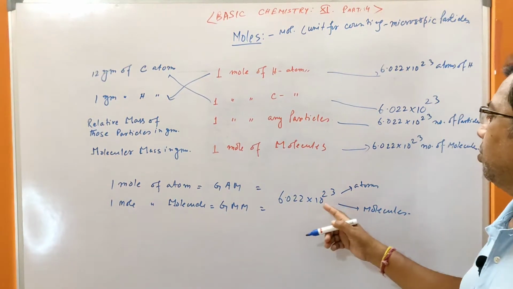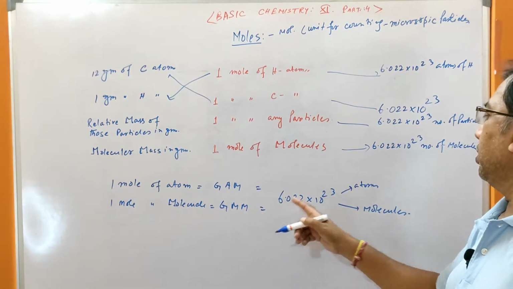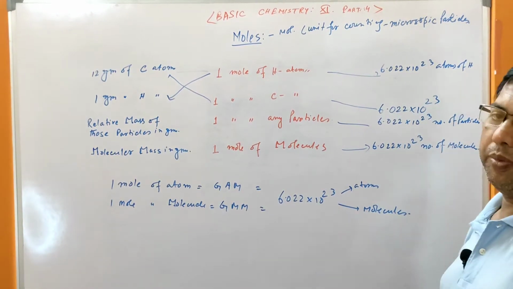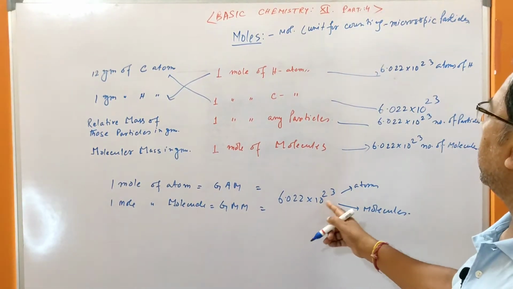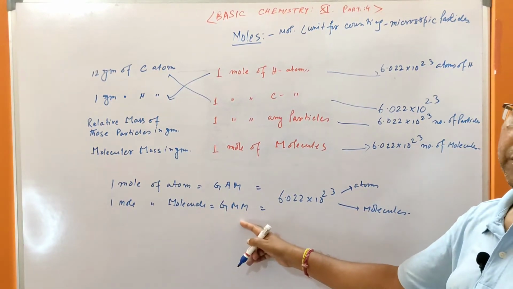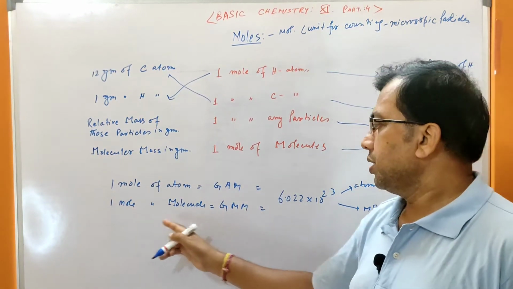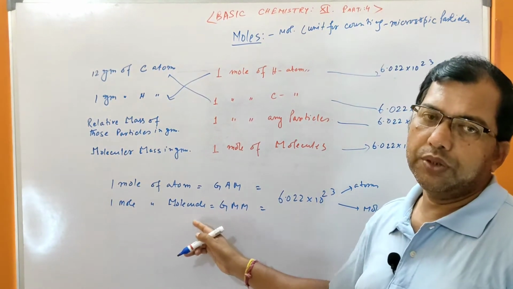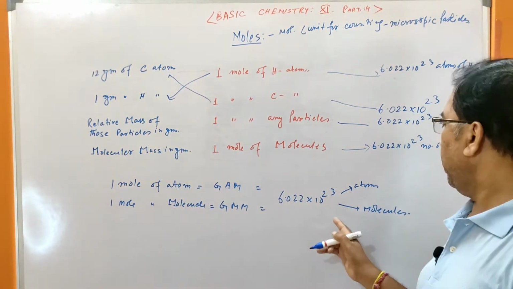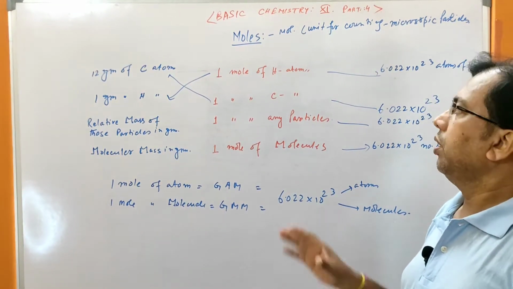That means 1 mole of atoms, gram atomic mass, is 6.022 × 10^23 atoms, and 1 mole of molecules means GMM, gram molecular mass, which is this number of molecules. 1 mole of molecules means the molecular mass of the molecule in gram, that is 6.022 × 10^23 molecules. Clear? This is the mole concept.